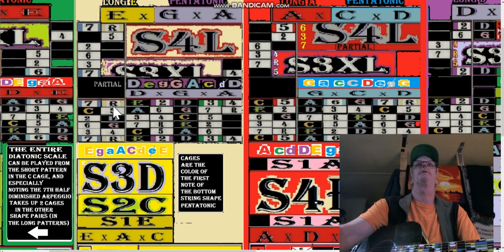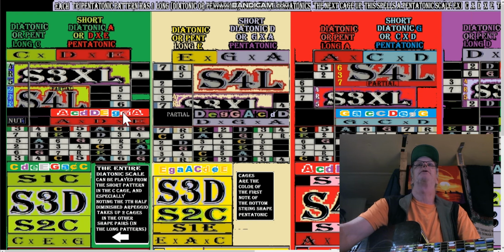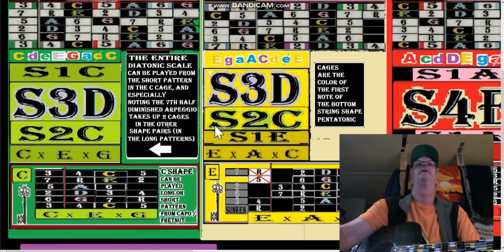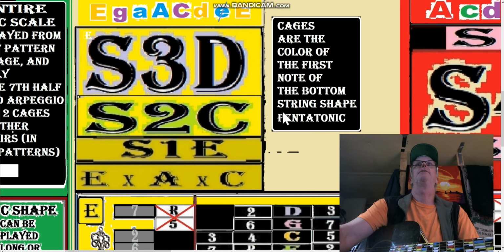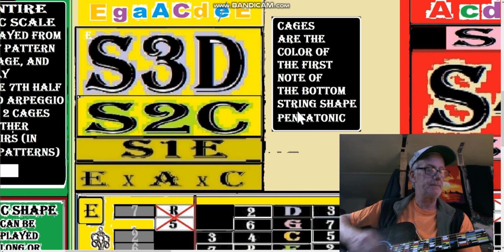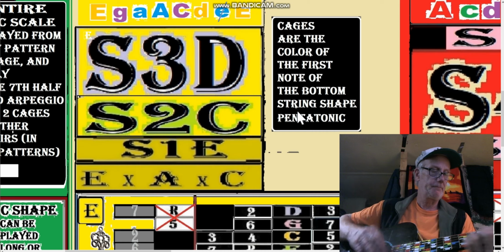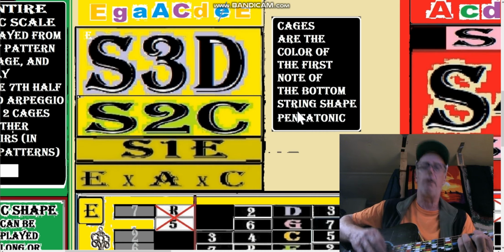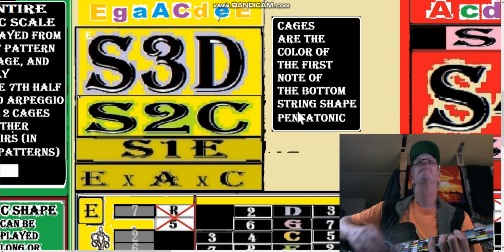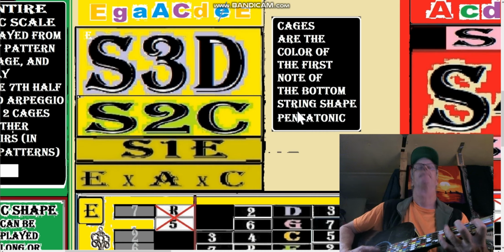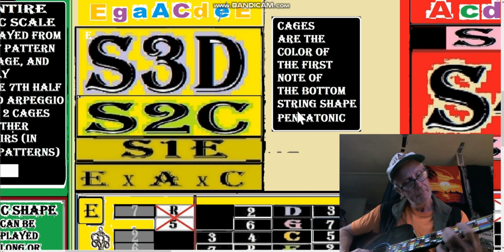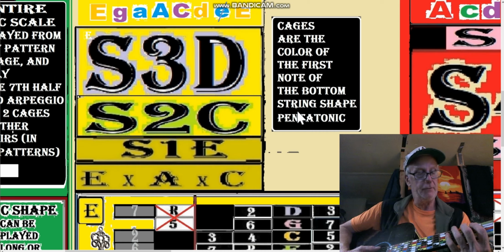I don't want to mess this up. I'm getting rusty at my shorter diatonics right here. I should do more practicing, but it would go like this. Remember, this is wrong. That was very wrong, right?